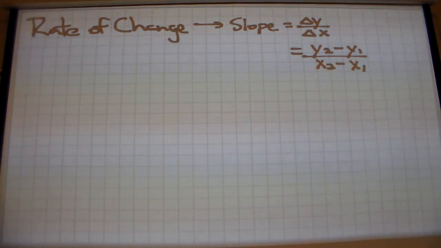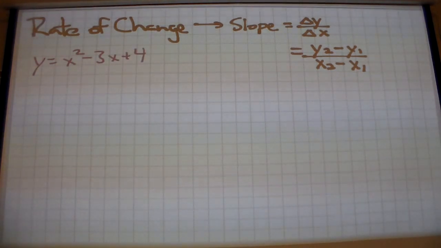So, we're going to take the function y equals x squared minus 3x plus 4. And I'm going to write out some values for it. So let's go with 0, 1, 2, 3, and 4.